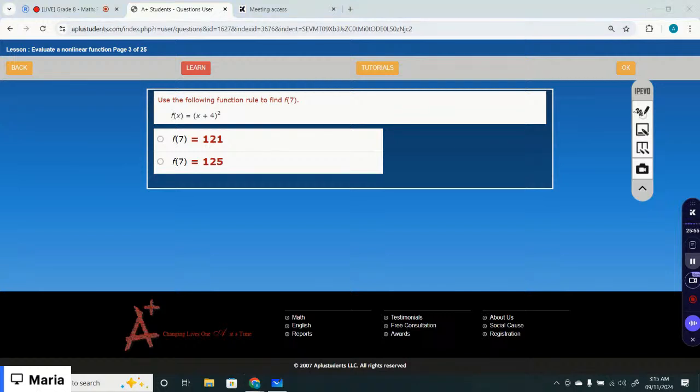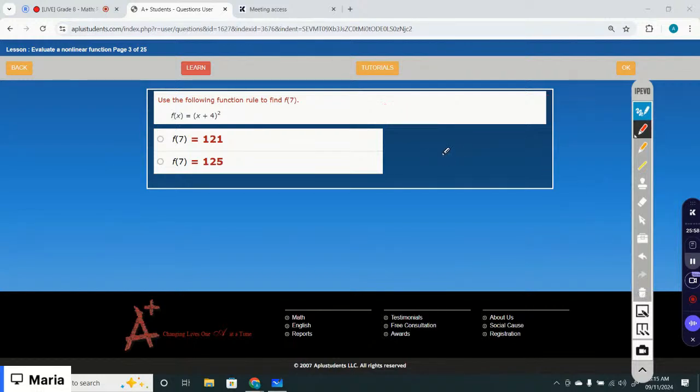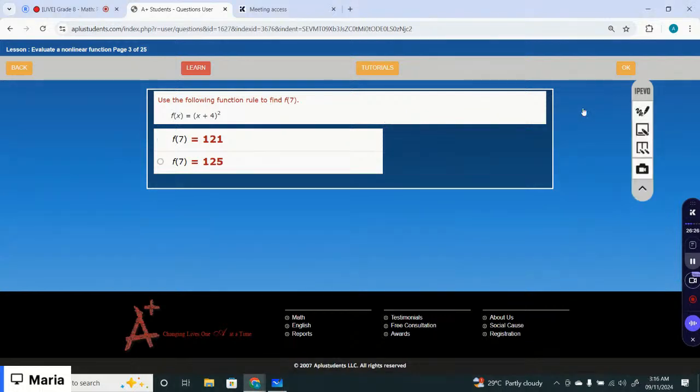So replace the x with 7. That is f of 7 equals 7 plus 4. So 7 plus 4 is 11. That is 11 square. That is 121. Option number 1 is the correct option.